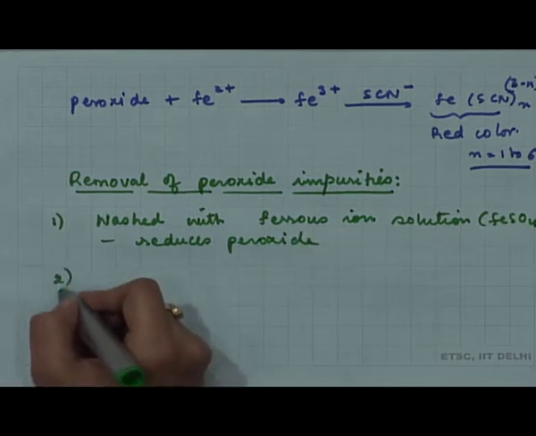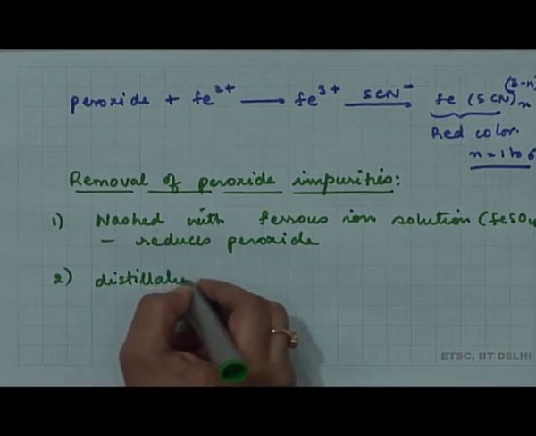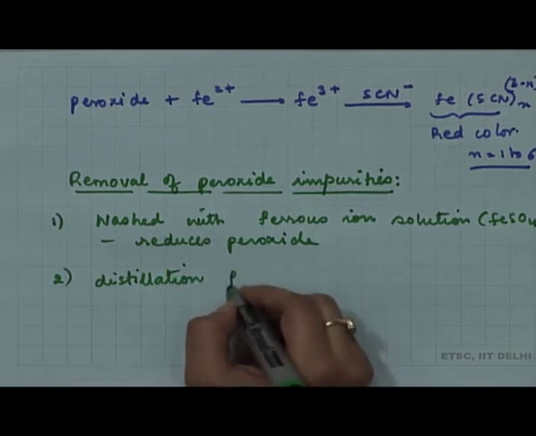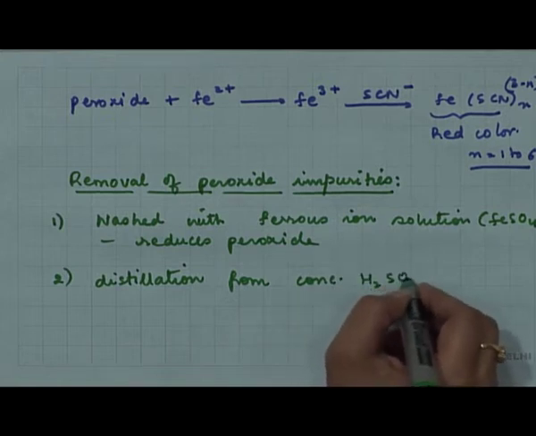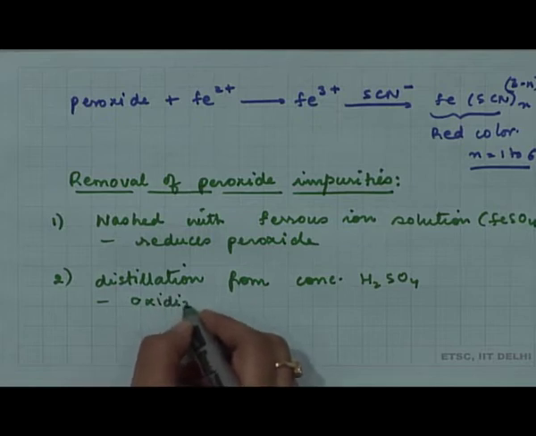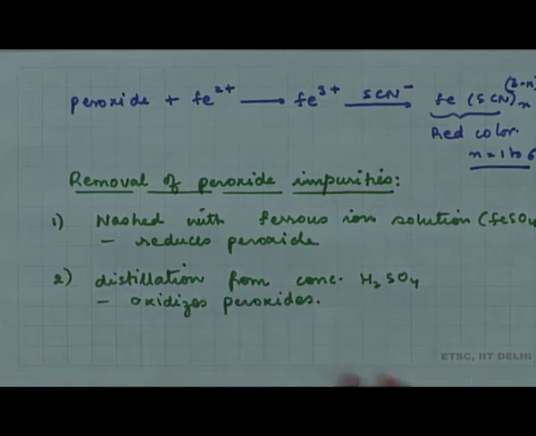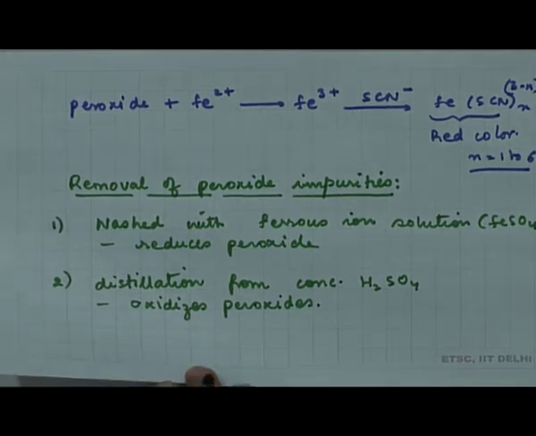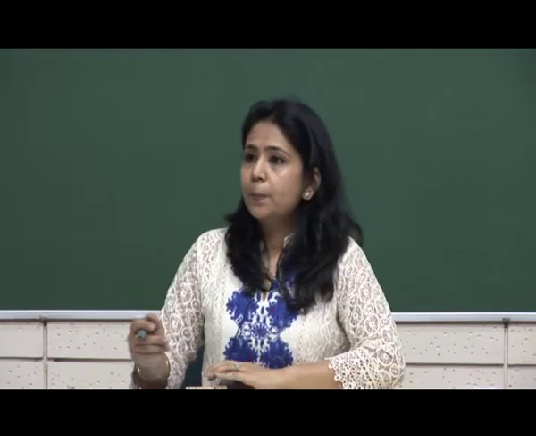Or the second thing, you can distill the ether from concentrated H2SO4, which results in oxidation of the peroxide. So, these are the two ways in which we can convert the peroxides into the non-harmful forms and clean up our ethers.